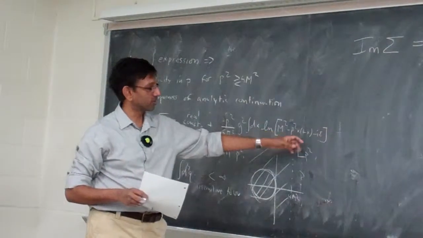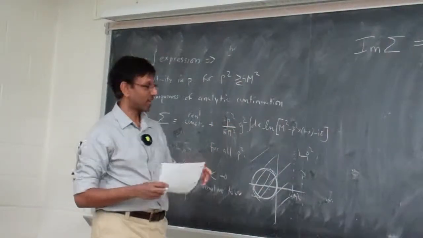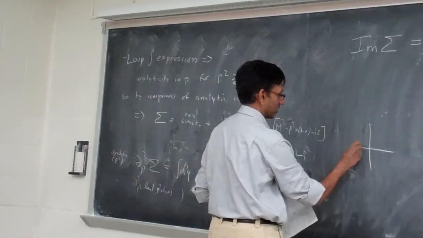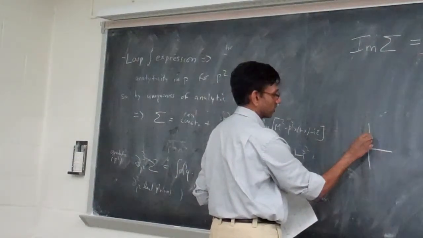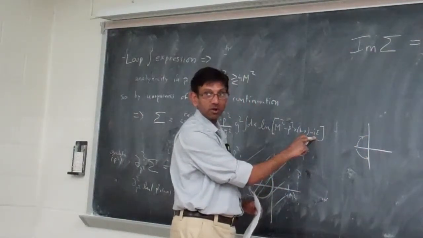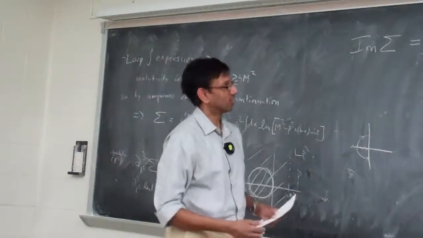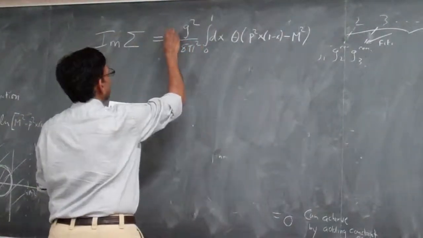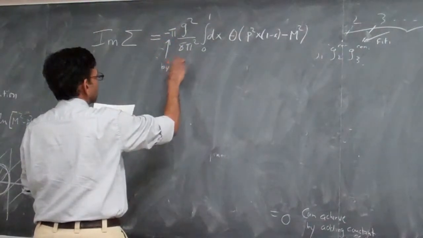And so log of a negative number, you're going to get the imaginary part being i pi or minus i pi, depending on how you, right? You're taking log of a negative number. So when you're taking the phase that you get, you can either go like that, or you can go like that. But this i epsilon tells you which way to go. Okay, it tells you how to break the tie given by the branch cut. And so that's the answer. With a minus pi, and this is determined by the i epsilon prescription.